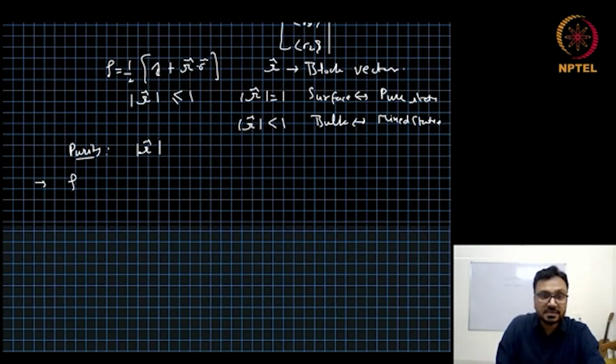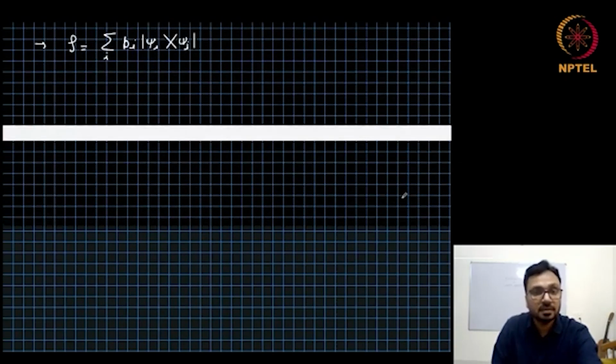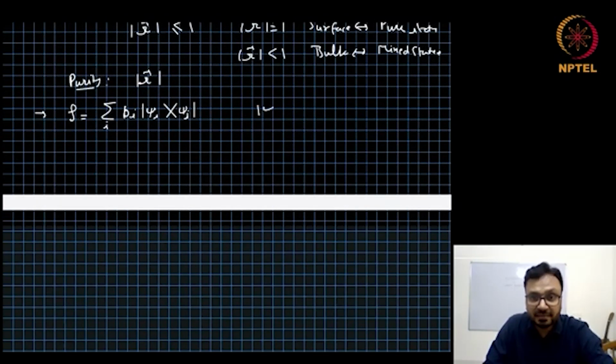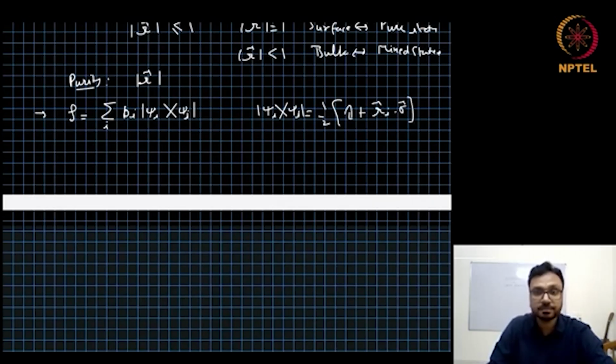Now, if we write the density matrix rho in a preparation method, that is the sum over i of p_i times psi_i, where psi_i is half identity plus r_i dot sigma. So every pure state has a unit Bloch vector r_i. We can substitute it here.